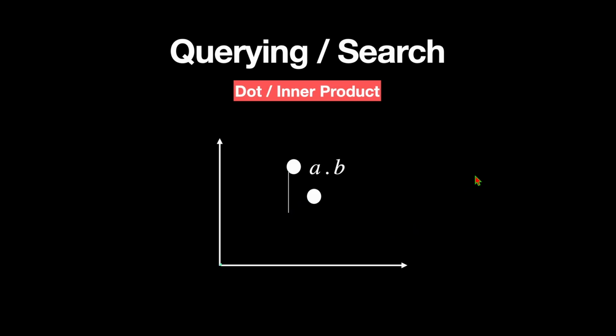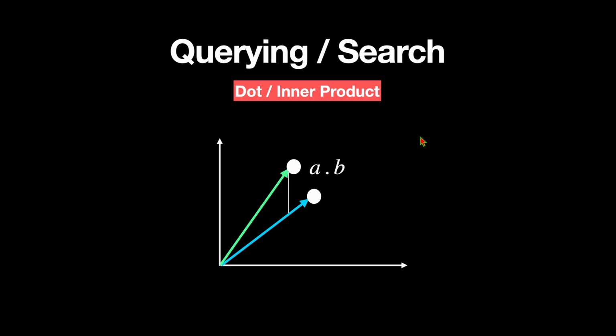And the third one is the dot product, where we have, once again, two vectors, one in green and one in blue. The dot product is the projection of one of the vectors onto the other. For example, in this case, if I project the green vector onto the blue one, it's represented by this white line here. The distance from the origin to this point represents the inner product value.